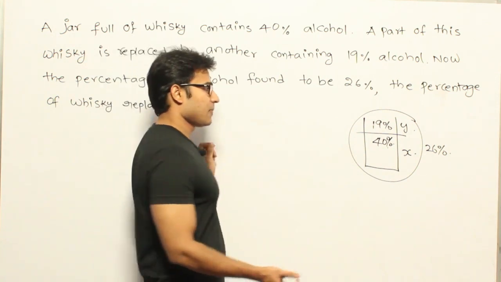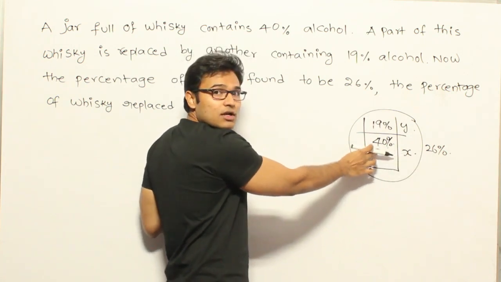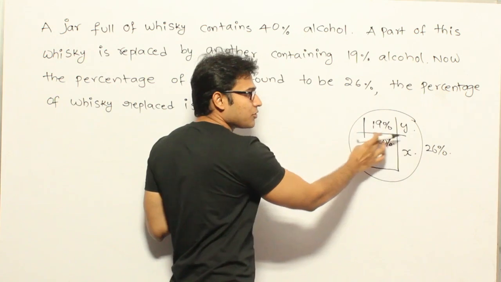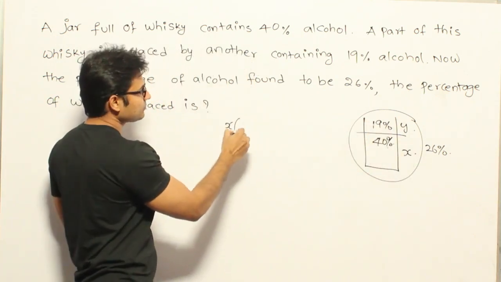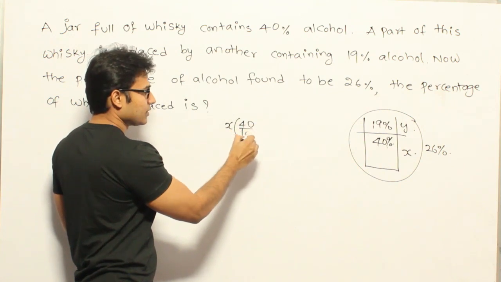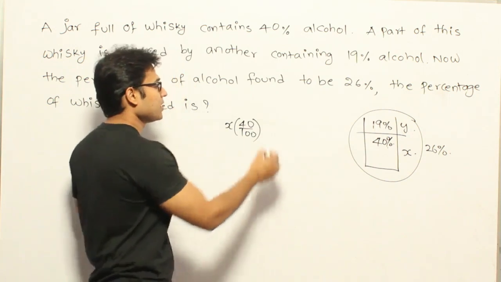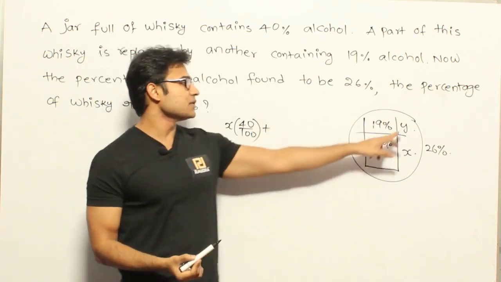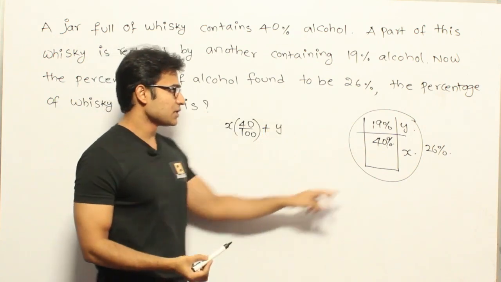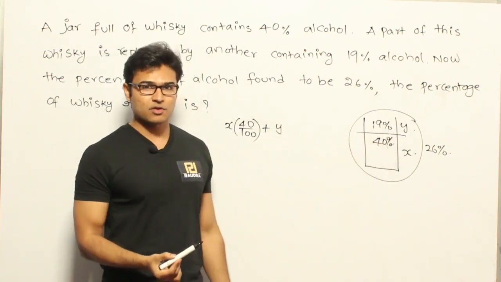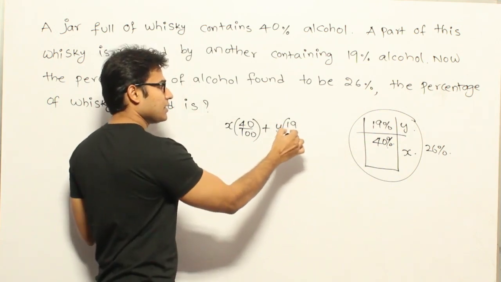Now how to express this as an expression? See this. If X is the total liters containing 40% alcohol, then the alcohol contributed by this whiskey is X into 40 by 100. Plus, if Y liters is the amount of whiskey containing 19% alcohol, then the alcohol contributed is Y into 19 by 100.